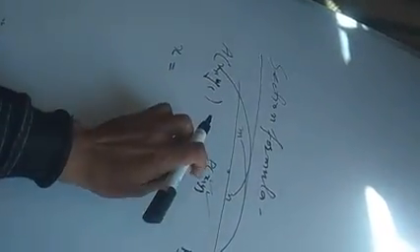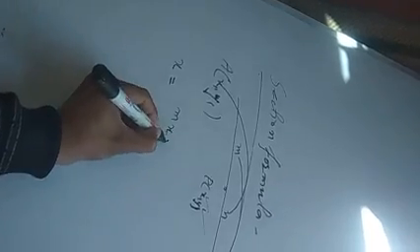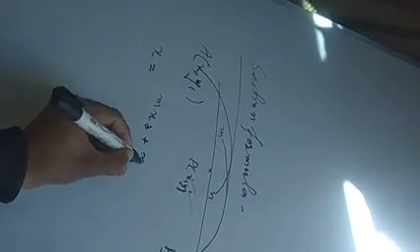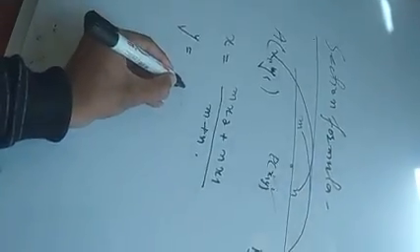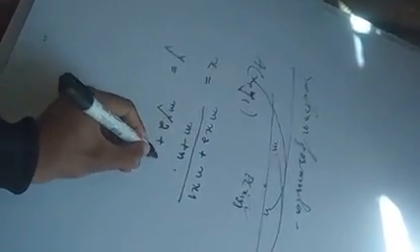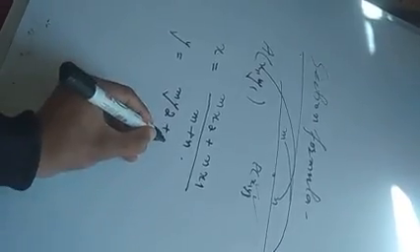That means x is equal to (mx2 + nx1) divided by the sum of these ratios, m plus n, and the y coordinate is equal to (my2 + ny1) divided by m plus n.